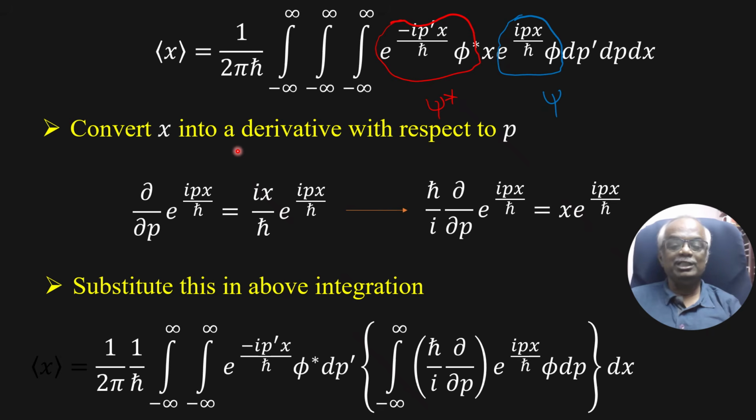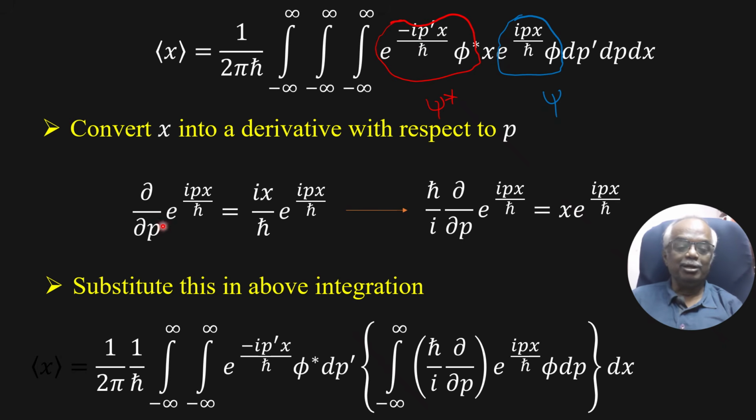Convert x into a derivative with respect to p. You take the derivative of this exponential term. Here the minus comes because we are taking the complex conjugate.